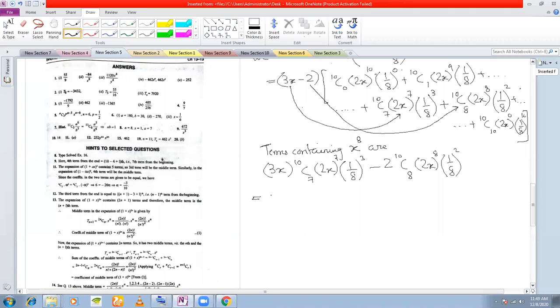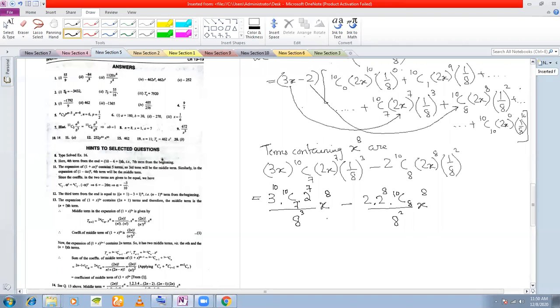It is 3 to the power of 10 into 10C7 into 2 to the power of 7 divided by 8 cube, x to the power of 8. And the next one is 2 into 2 to the power of 8 into 10C8 divided by 8 square into x to the power of 8.